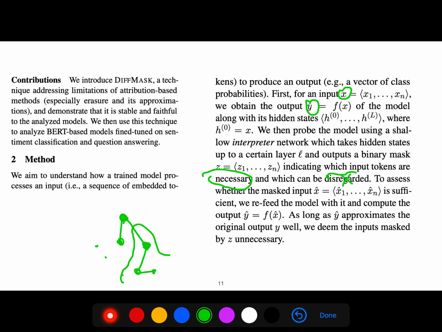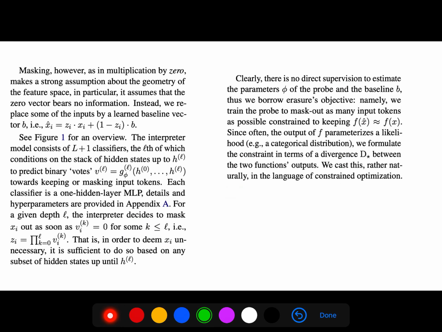As long as y hat approximates the original output y, we deem the inputs masked by z unnecessary. Masking, however, as a multiplication by 0, makes a strong assumption about the geometry of the feature space. In particular, it assumes that the 0 vector bears no information. Instead, we replace some of the inputs by a learned baseline vector b. This one is a learned baseline vector.